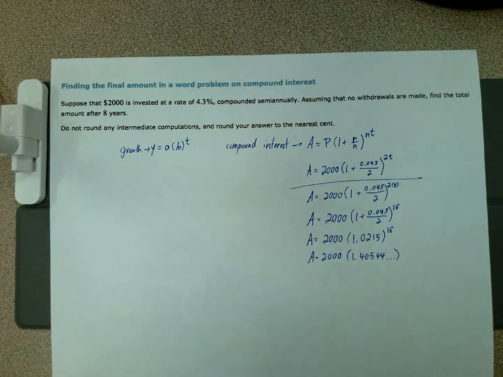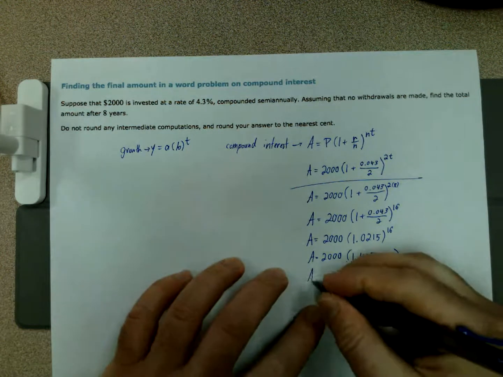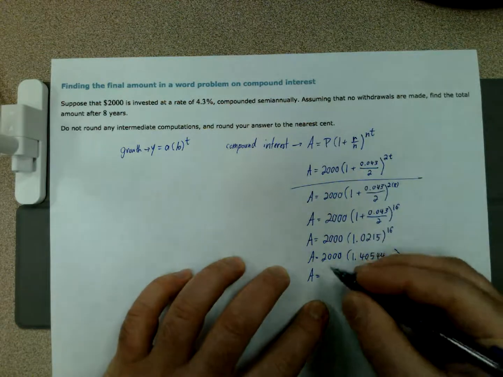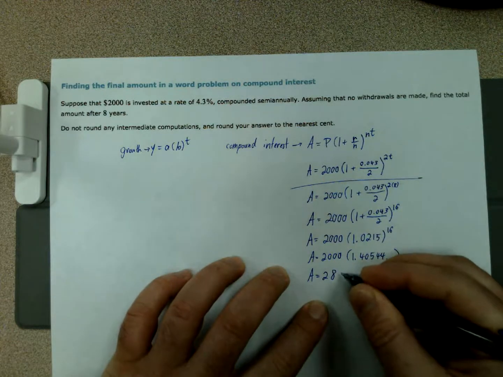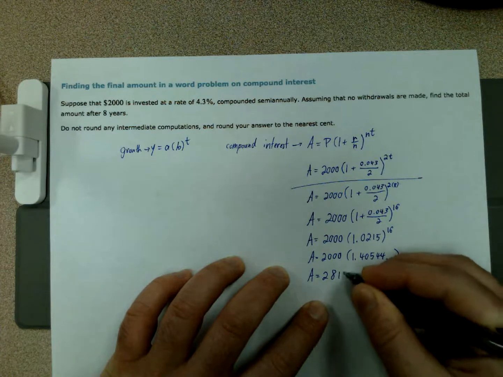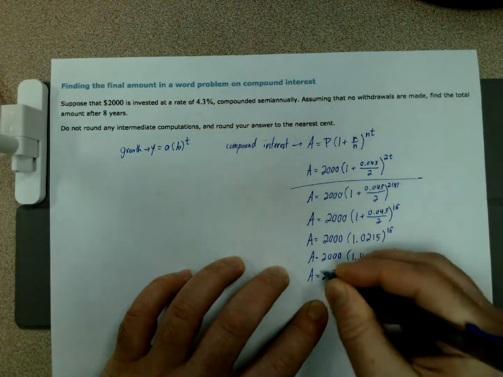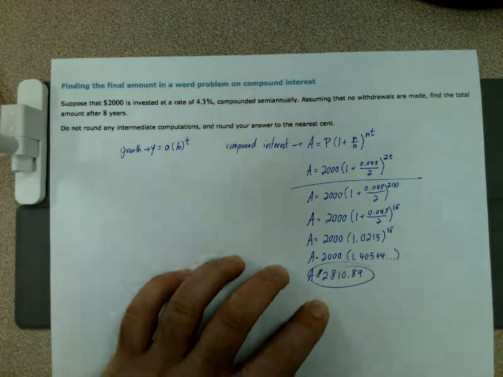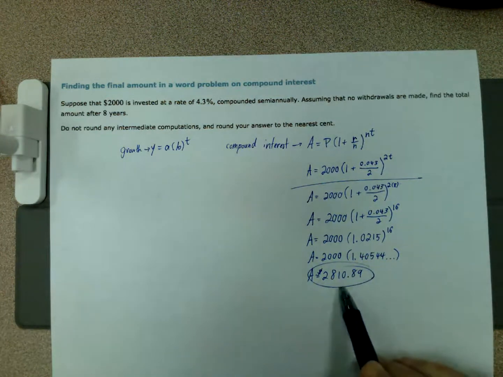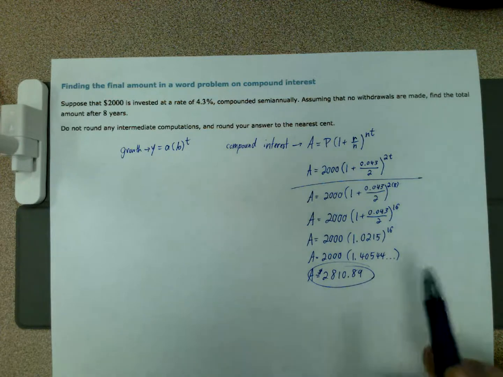I'm just going to keep that long decimal on my calculator and hit times 2,000. So my amount here, rounded to the nearest cent, is $2,810.89.